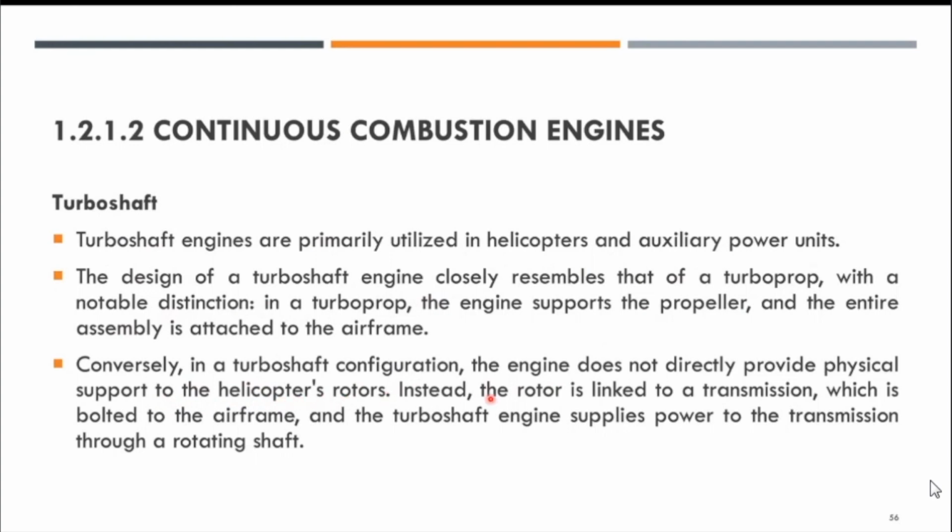Instead, the rotor is linked to a transmission. It's not linked directly, but it has a transmission which is bolted to the airframe. That's a huge difference between a turboprop and a turboshaft, where the turboshaft engine supplies power to the transmission through a rotating shaft.